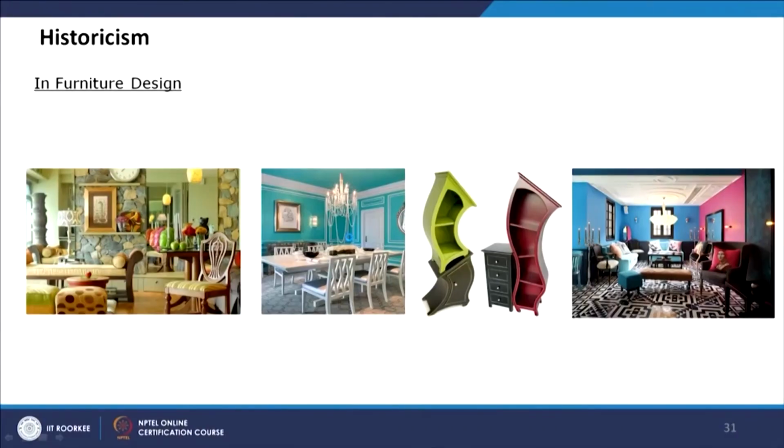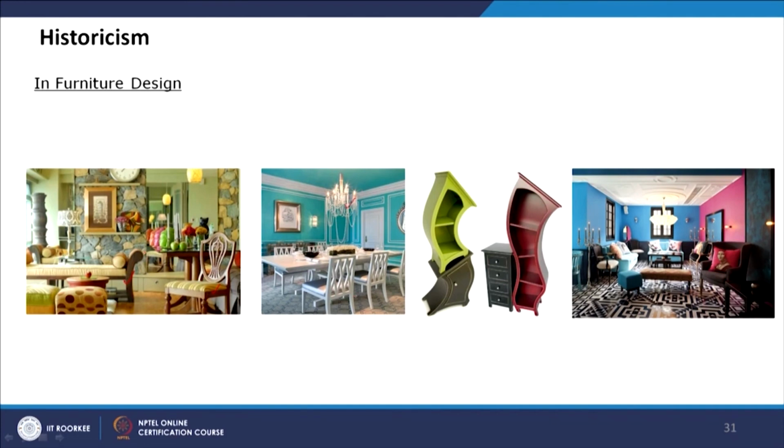So historicism is a fusion, but classicism is more like replicating the history. In furniture design and interior design, these are a few examples. This is definitely postmodern, following the concept of historicism. Here you can see the way classical chairs are changed into a contemporary modern element.